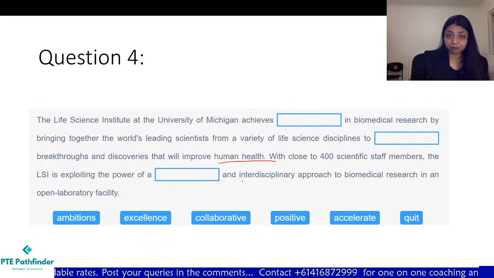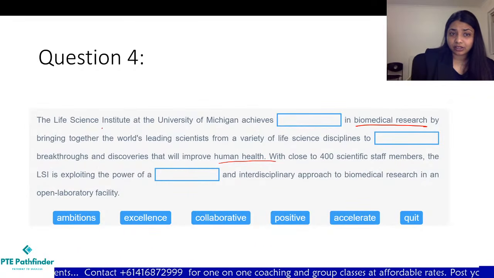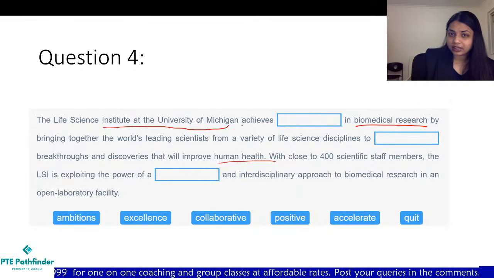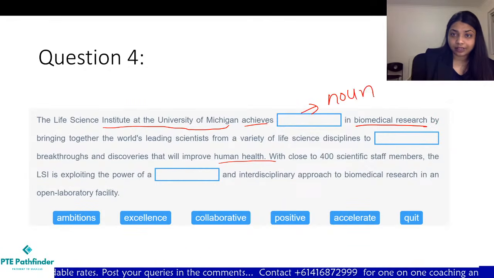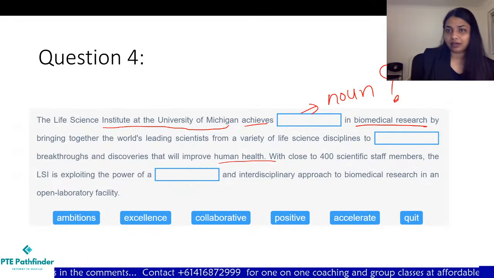So we are talking about biomedical research at the University of Michigan. So it says achieves dash in biomedical research. So achieves something. So we need a noun. When we try to talk about something, it's always a noun, right?